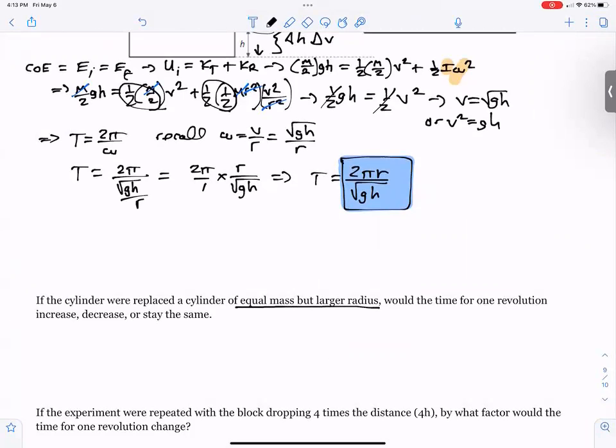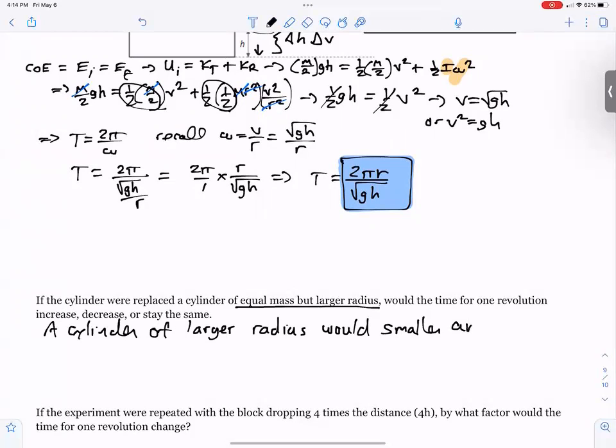A cylinder of larger radius would actually have a smaller angular speed.